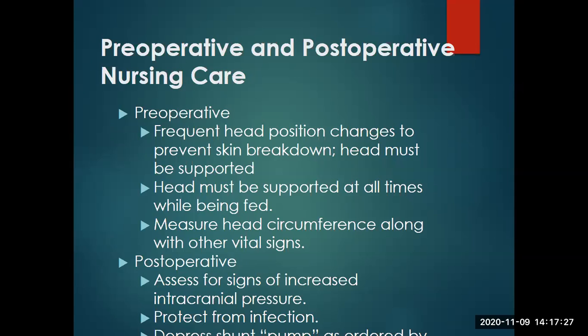When you're turning the infant who has hydrocephalus, the head must always be supported, because it's putting a lot of strain on their neck. You want to turn the infant in bed with the weight of the head in the palm of one hand, and the head and the body rotated together, to prevent strain on the neck.